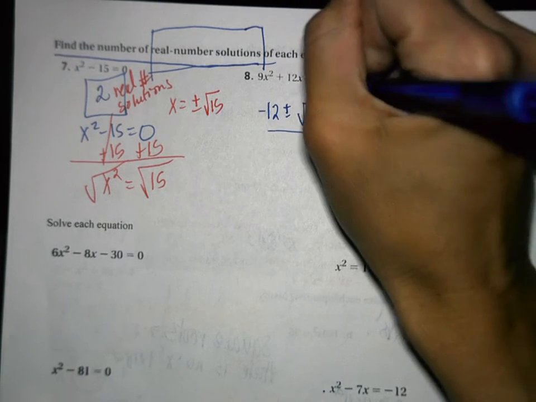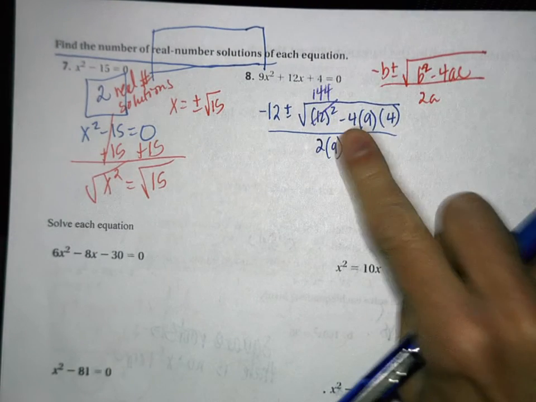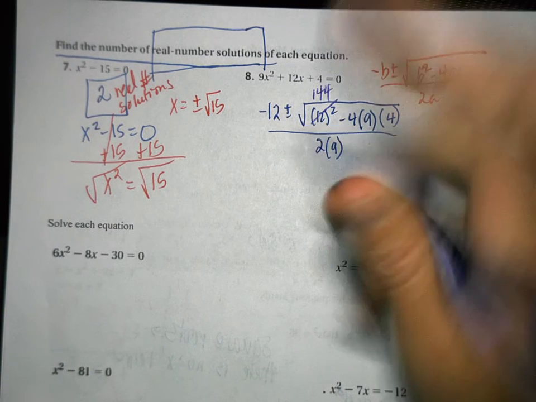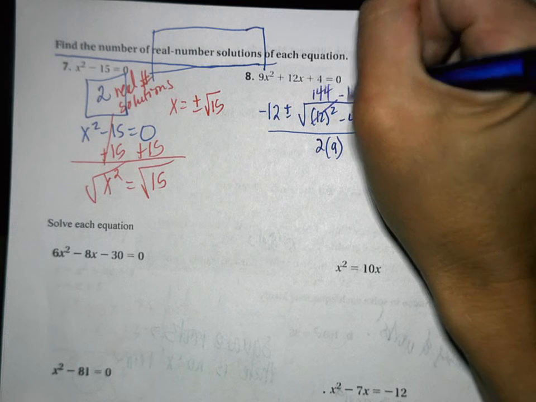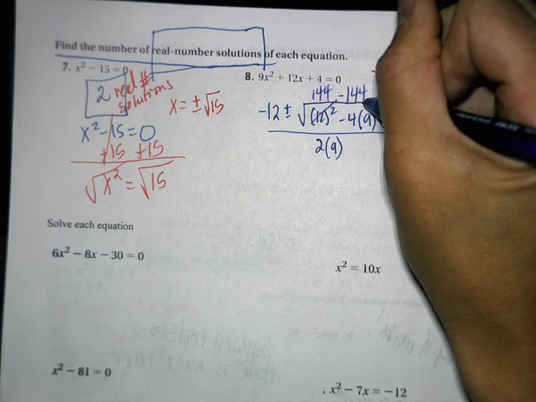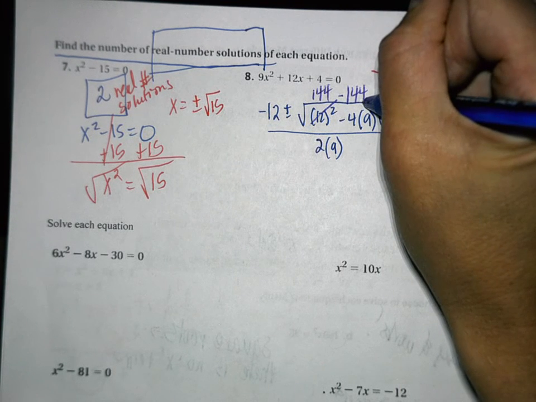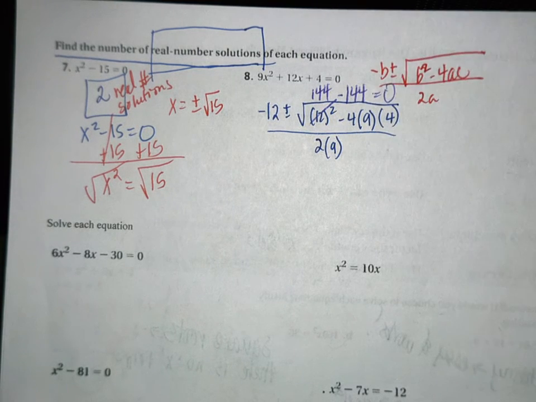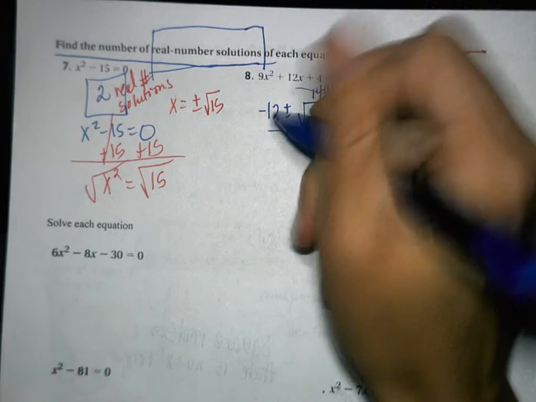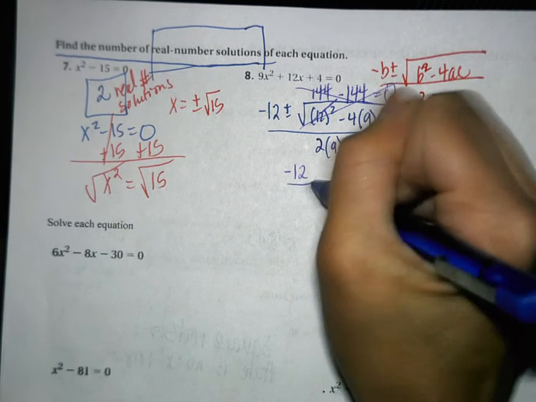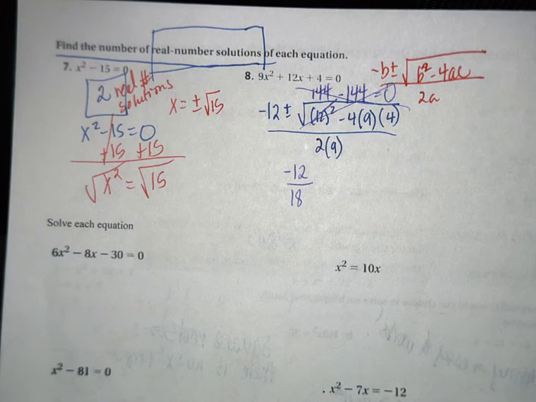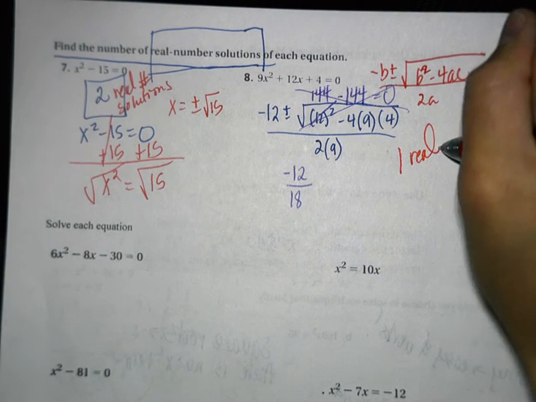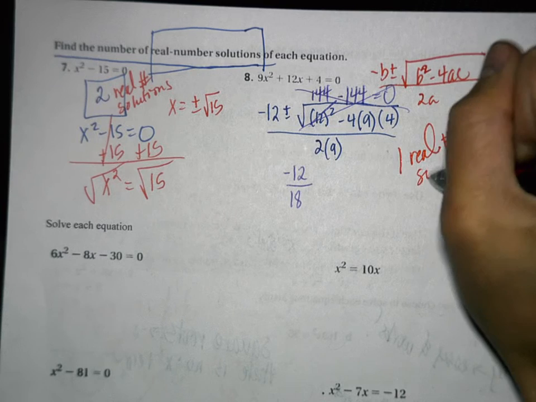Good. 144. And then negative 4 times 9 is negative 36. And negative 36 times 4 is negative 144. What's 144 minus 144? Okay, 0. So this cancels out. This is gone now. So I really just have negative 12 over 18. How many solutions is that? 1. So this one has 1 real number solution.